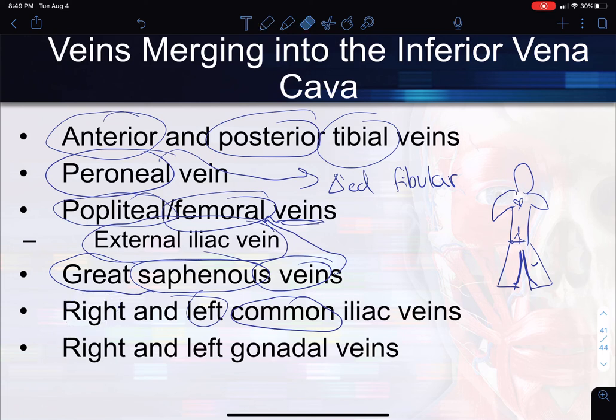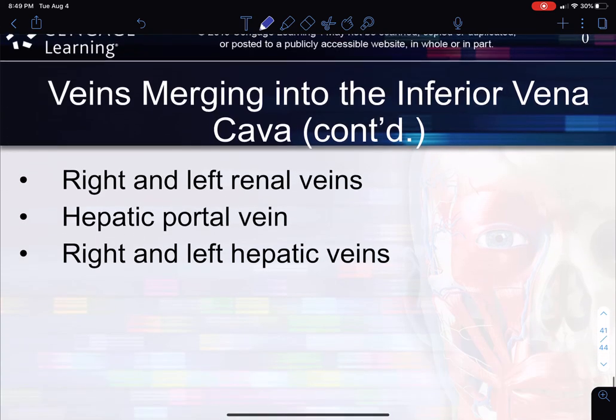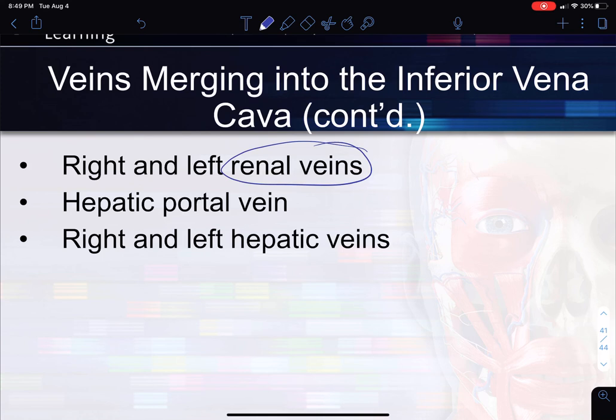Last but not least, we have the right and left gonadal veins. Gonadal meaning testes and ovaries, so these are draining those reproductive structures. We also are draining blood from the kidneys, so the right and left renal veins. However, all of the blood that is anterior to the gonads and the kidneys, so the digestive tract essentially, is going to be drained via the hepatic portal vein and the hepatic portal system.